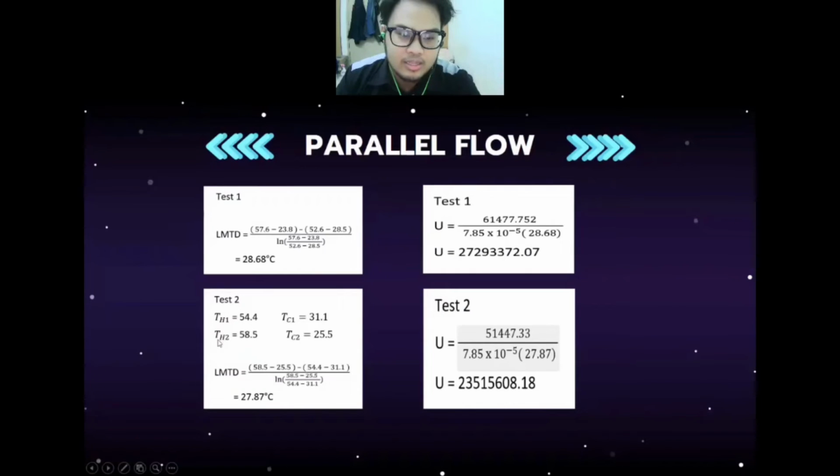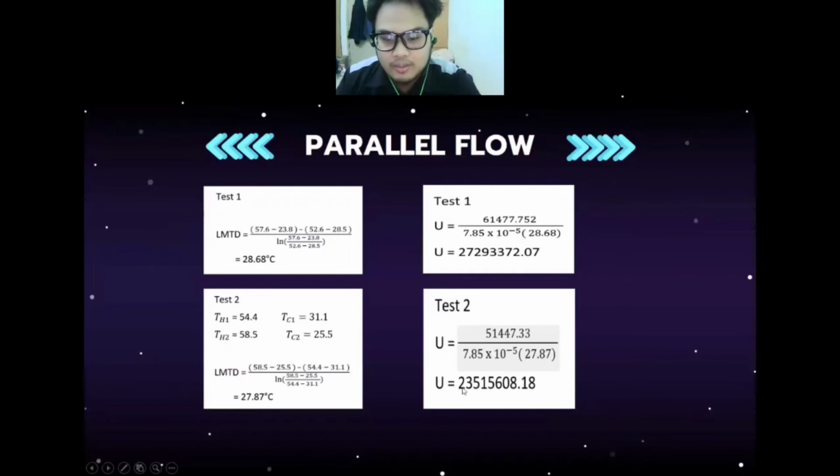We can see more clearly in test 2. We have TH1, TH2, TC1, TC2. We put them in the LMTD formula and get 27.87 degrees Celsius. Then we calculate U, QE over A times 27.87, which is the LMTD.